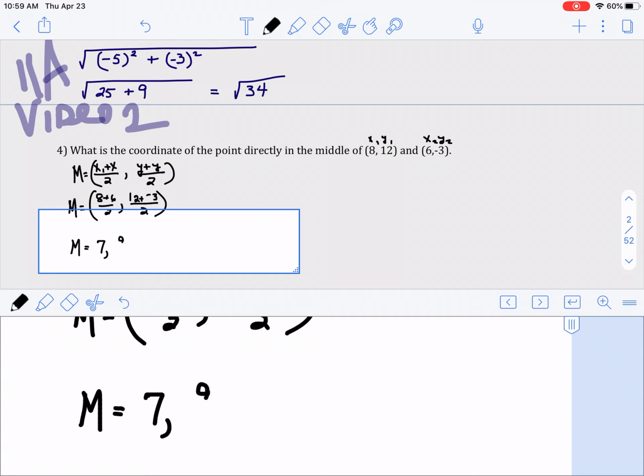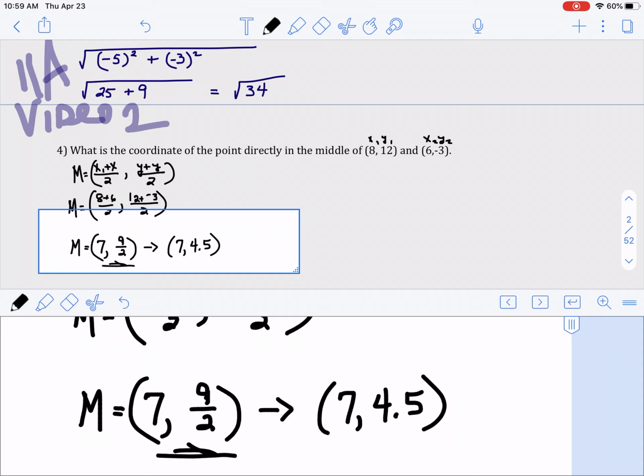So you can leave it as 9 over 2. If you were going to graph it, you would want to see it as 7, 4.5. But just leaving it 7, 9 over 2 would be totally acceptable. Okay.